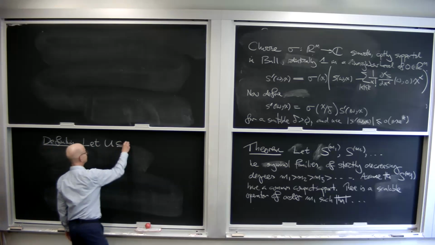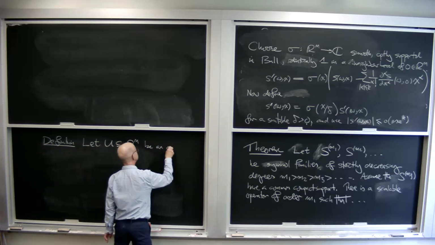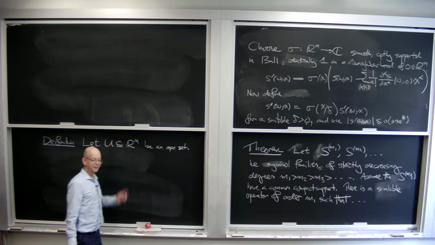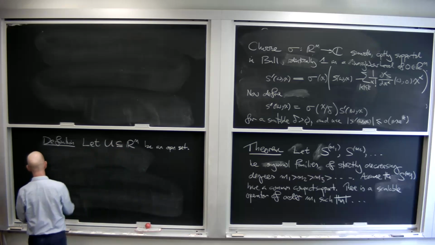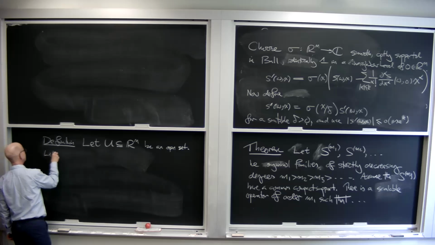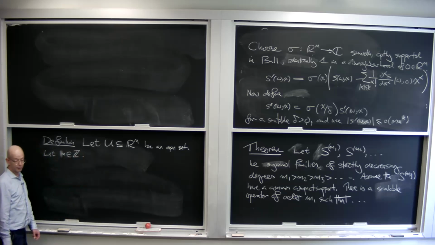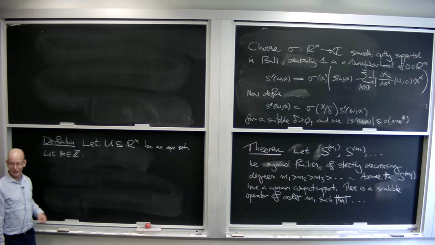So let U be an open set. I guess implicitly there are some epsilons in the background there, so some hidden epsilons there. We're just back to just one family of operators now, and it'll be of degree m of any order. It doesn't matter. Secretly, we're thinking of m equals 2.